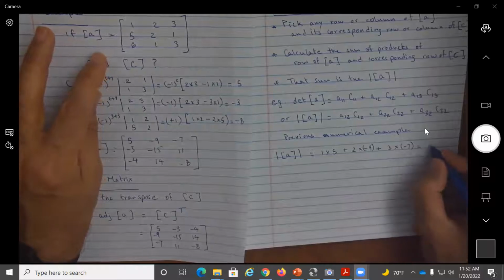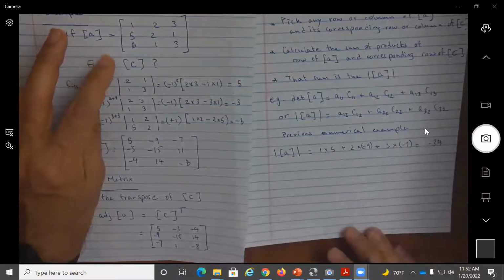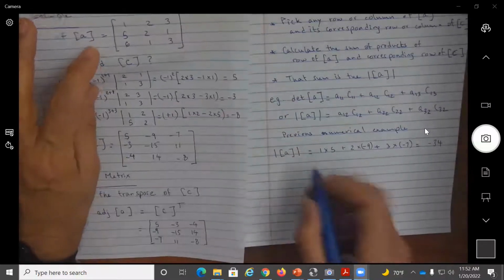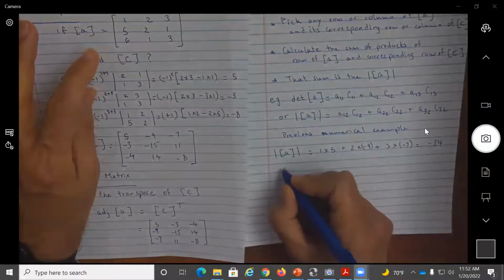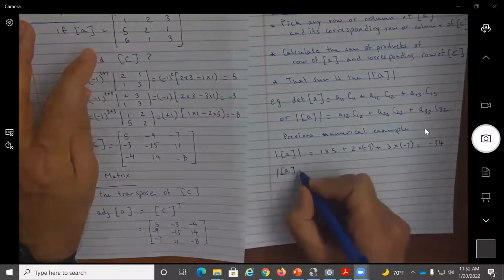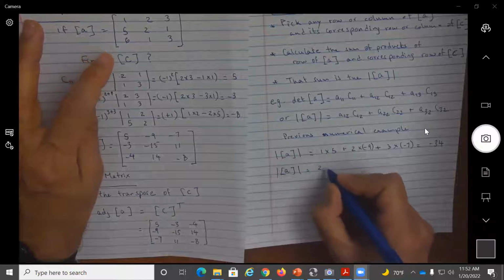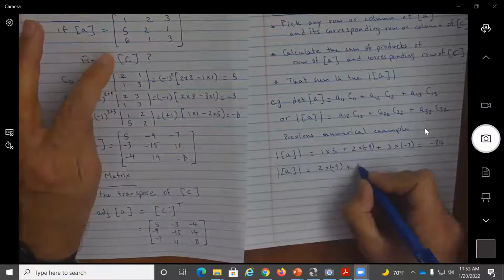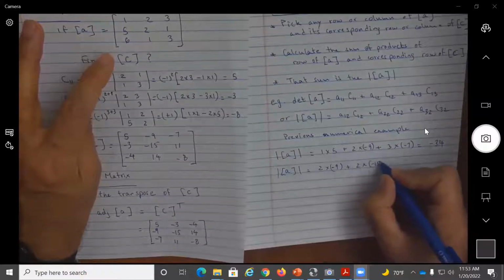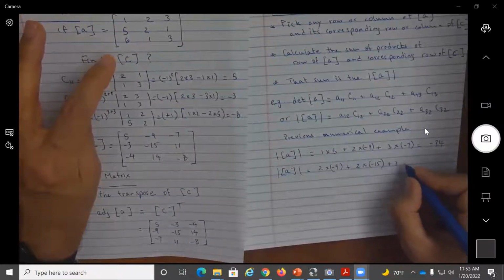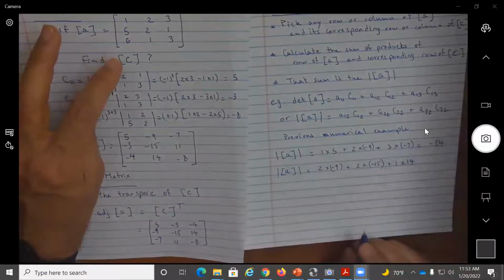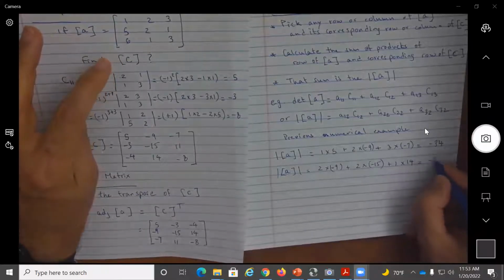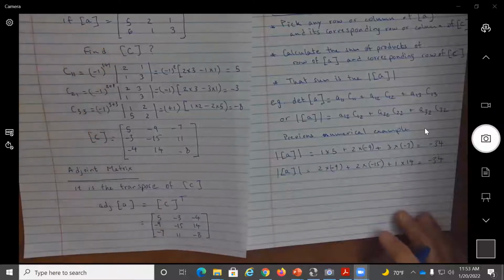And when I do the math, I get minus 34. If I use the second column, I can go 2 times minus 9 plus 2 times minus 15 plus 1 times 14. And I also get a minus 34.